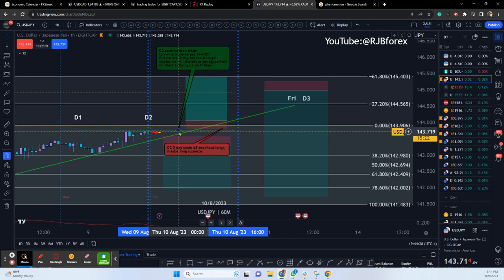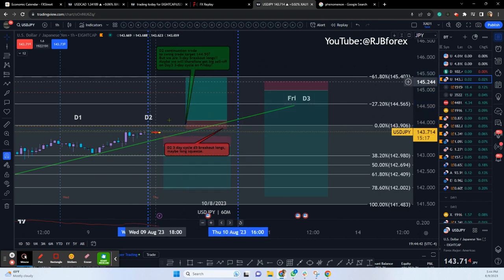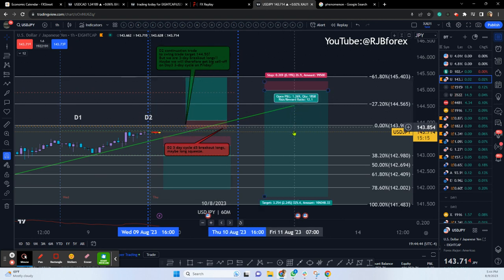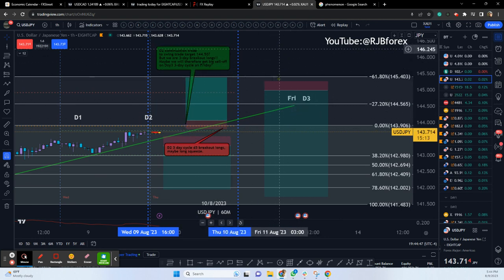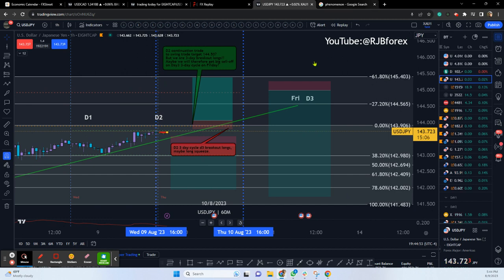So if we do get a day two continuation trade, that's setting up for day three, the 3 day cycle, for a blow off on Friday, a large capitulation of all of what's been building up this week. Alternatively, just sitting up high and consolidating as the market digests what's gone on, or whatever happens Thursday for a Friday, Tuesday setup, maybe. Who knows? We'll have to wait and see.